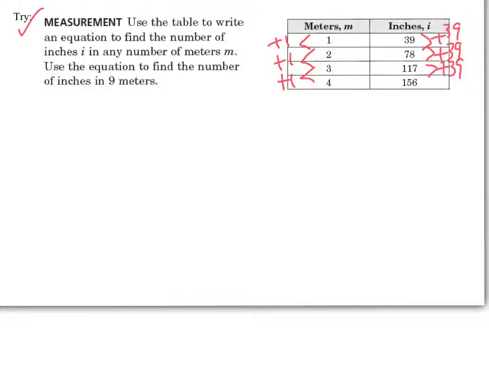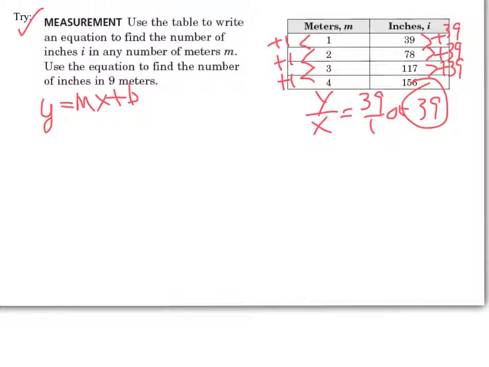We can see that the rate of change is the x's are going up by 1 and the y's by 39. So the slope or rate of change is 39. So we're going to be finding the total number of inches. So we'll replace or substitute I for y, and we will substitute 39 for the slope. As you know, slope is m. And x will be substituted for the number of meters.